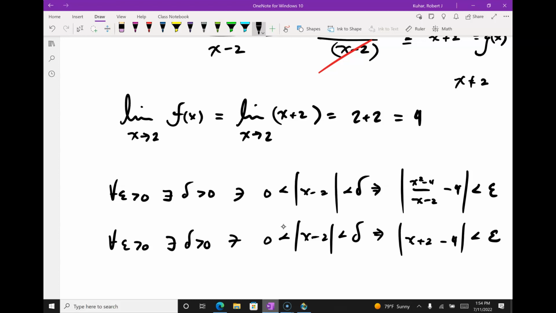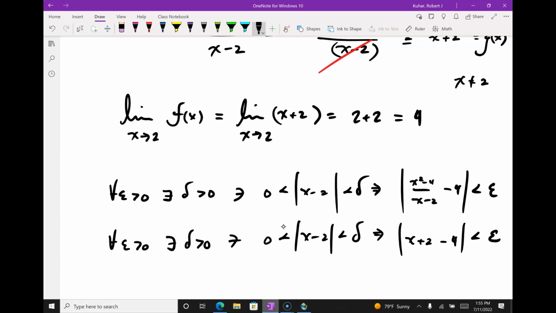Remember, I replaced my function. Remember, this was my function f of x. This is my function g of x. What does this become? X plus 2 minus 4, what does it become? But remember, I can never let x go to 2. But now that I have x plus 2 minus 4, that's x minus 2.